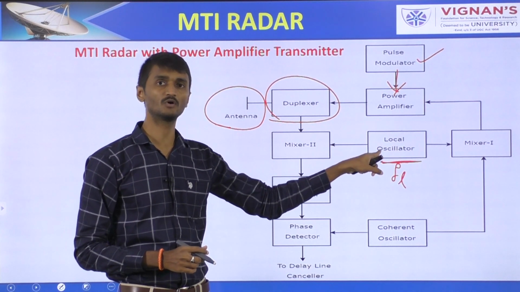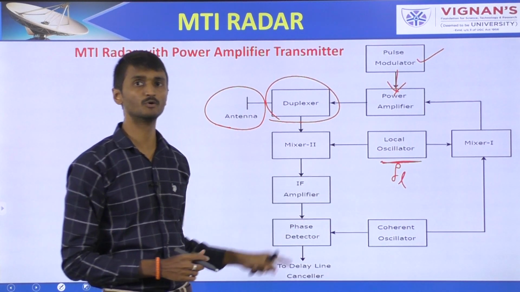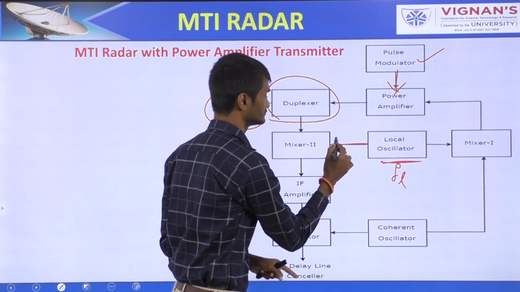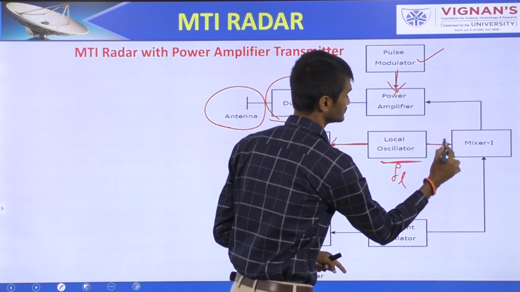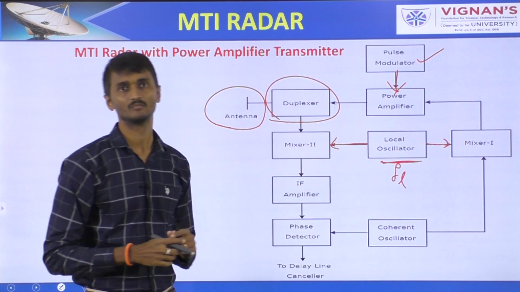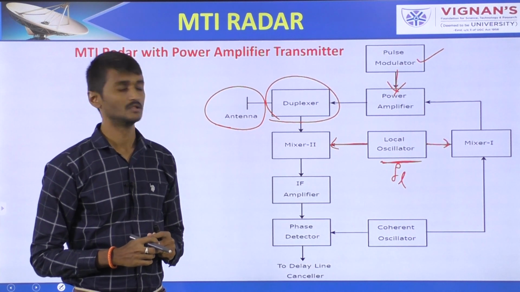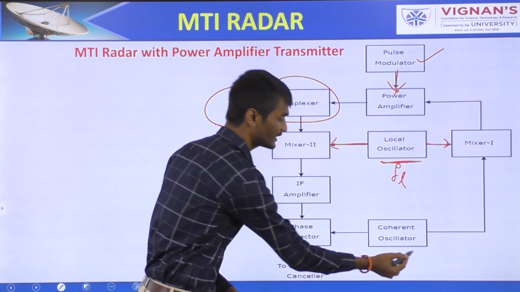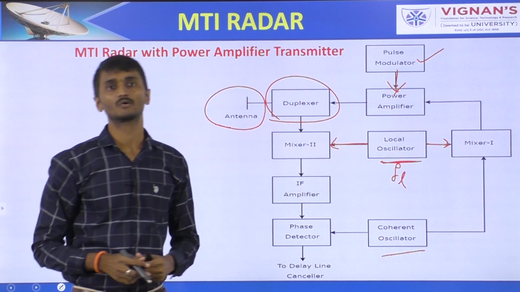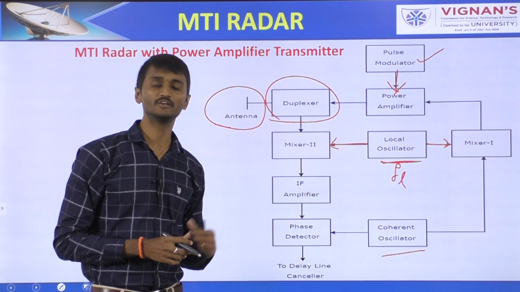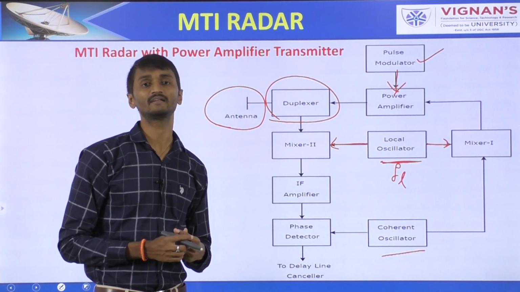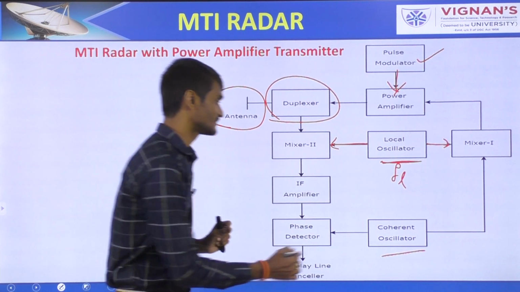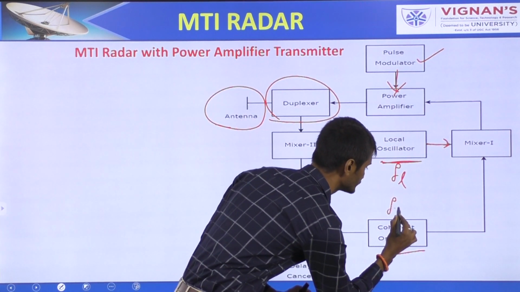The output of the local oscillator is applied to both mixer 1 and mixer 2. So next one will be the coherent oscillator. It produces a signal having an intermediate frequency. Here it is considered as FC.